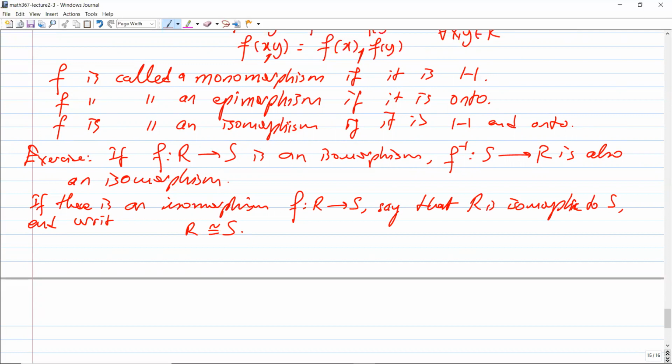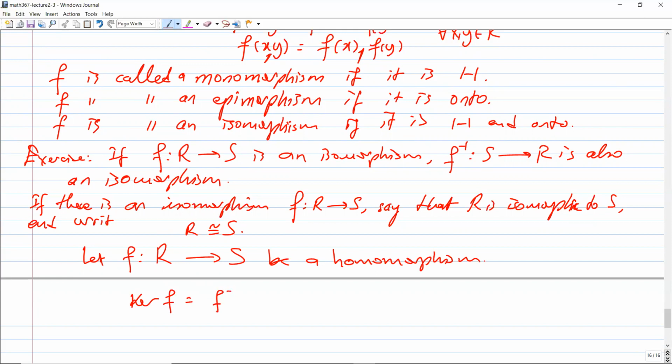And now let f from R to S be a ring homomorphism. Then we can look at the elements mapping to zero, namely f inverse of 0, which is the same thing as the set of x in R such that f of x is equal to 0.